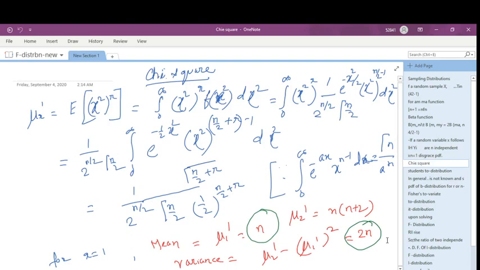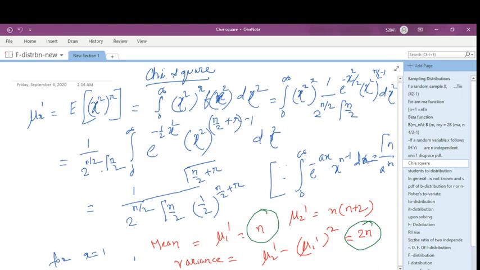Now here comes the usage of knowing the gamma functions and beta functions. As we know, mu r dash, and in my previous video I have explained in detail, is the r-th moment about the origin.